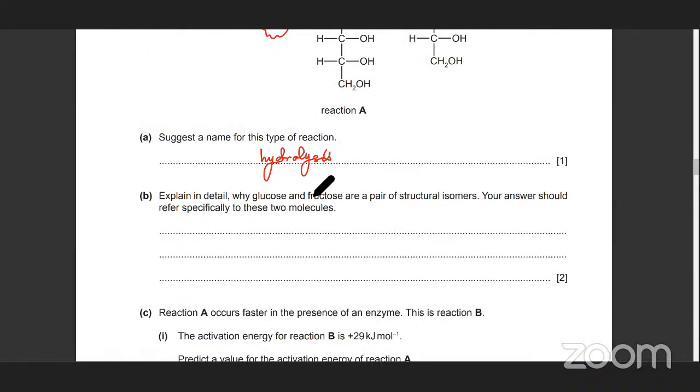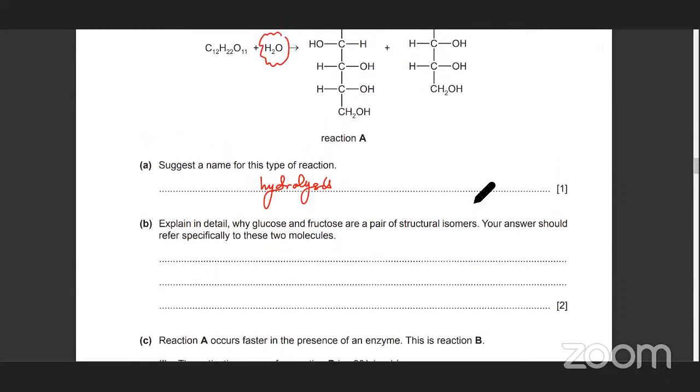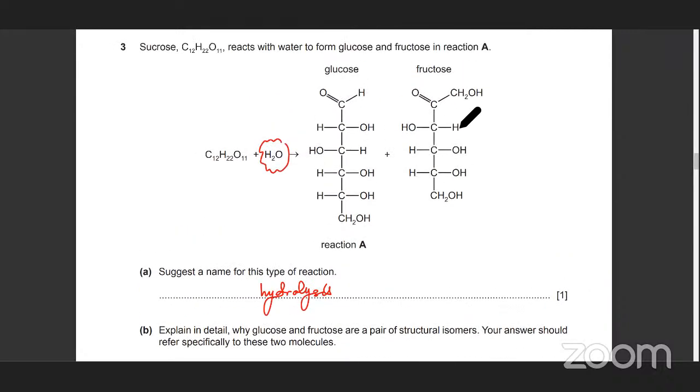As a next, explain in detail why glucose and fructose are a pair of structural isomers. Your answer should refer specifically to these molecules. So if you look at these molecules, उसने खुद ही कहा है they're structural isomers. So you're going to write that they have the same molecular formula, but you don't even have to count them because he's already told you that they are. So they have the same molecular formula, but different structures or different structural formulas.